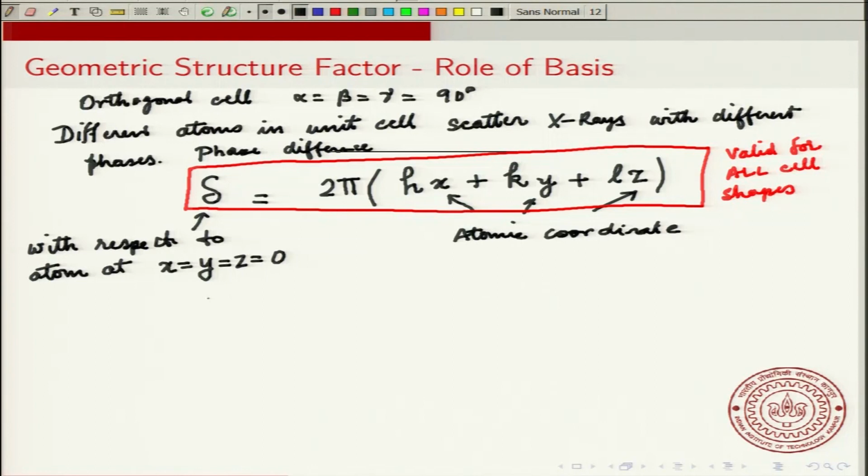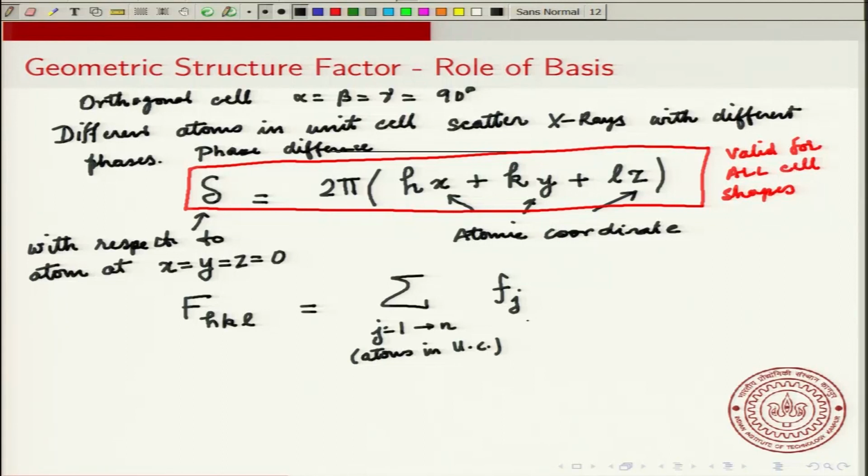Now how does this affect the geometric structure factor? The geometric structure factor F for HKL, that is, for the scattering from the HKL plane, is given by the sum over all j equal to 1 to n, these are the atoms in the unit cell, of f j, that is the atomic form factor, times e to the i delta of the jth atom.